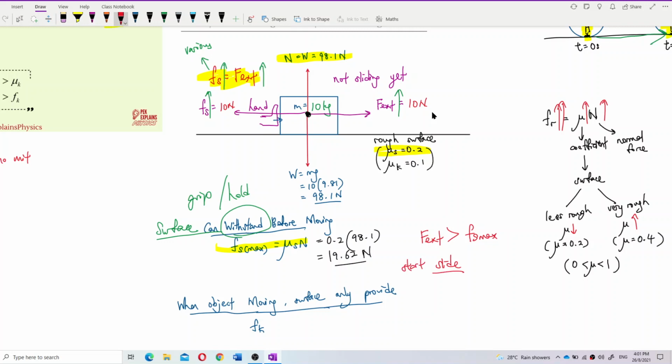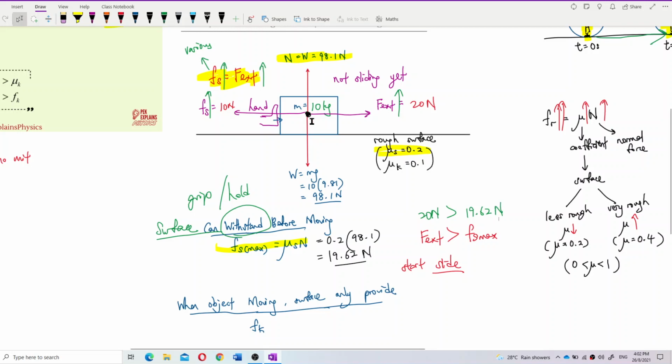Let's say your maximum static friction is only 19.62, and now your external force, you push to the right with, let's say, 20 Newton, slightly bigger than the maximum static friction.